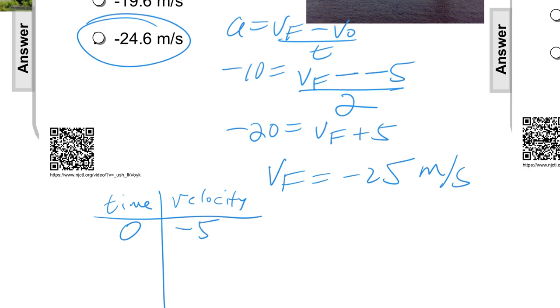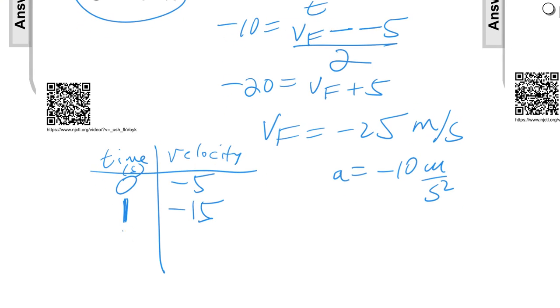Okay, at time 1 second, it's going 10 meters per second faster every second. So, because A equals -10 meters per second squared, it picks up -10 meters per second every second. So, in the first second of falling, -5 plus -10 is -15.